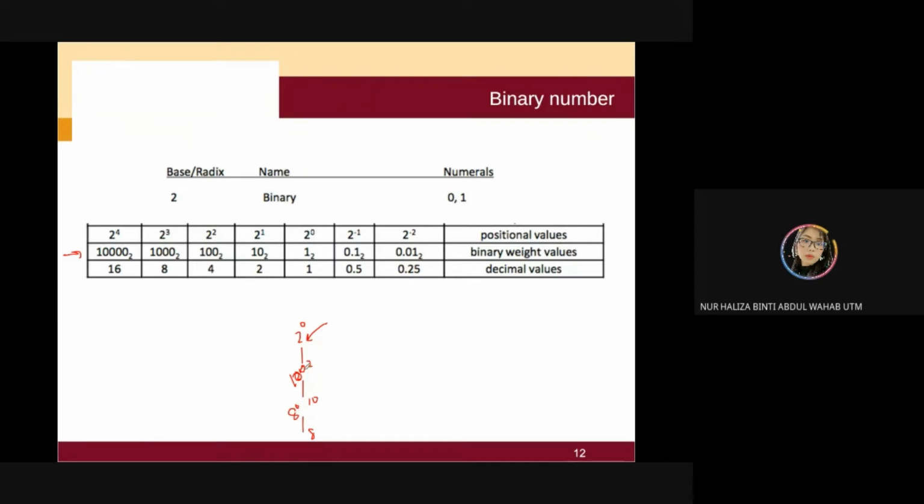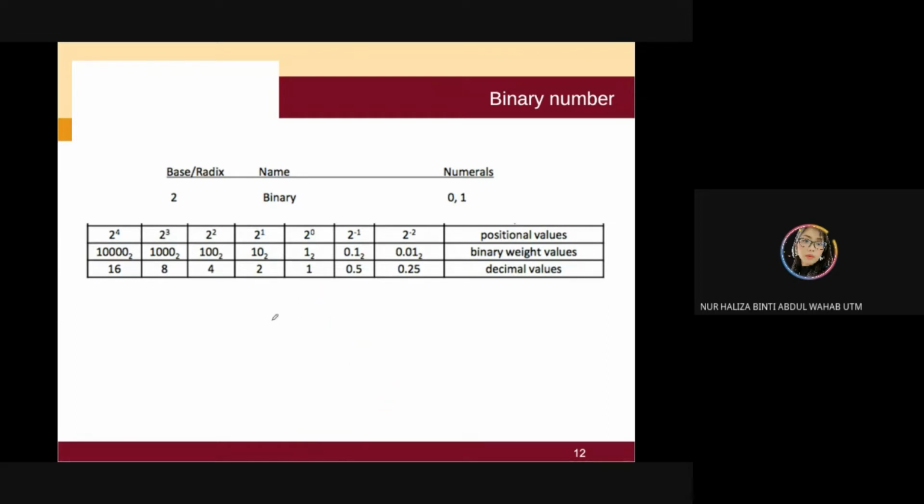Any number with the power of 0, you will get 1. So the value over here will be times 1. So 1 times 1, you will get 1. Whatever base it is, you will convert and get 1 in decimal.